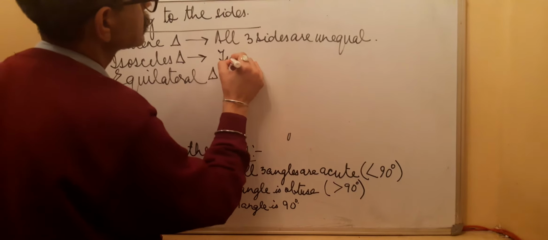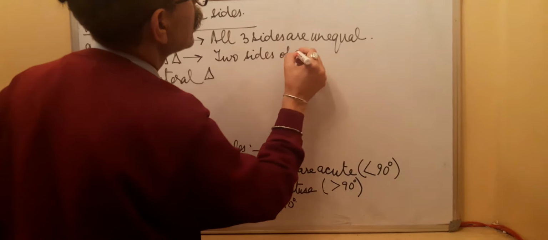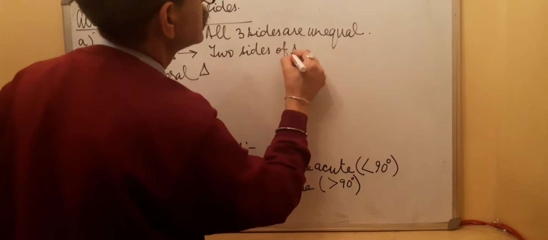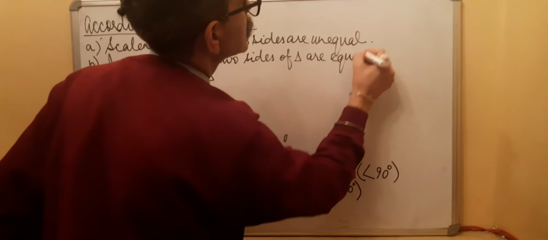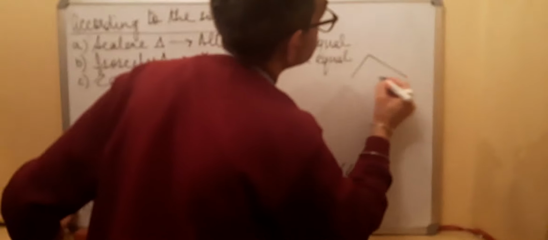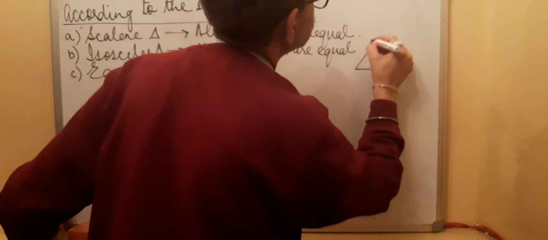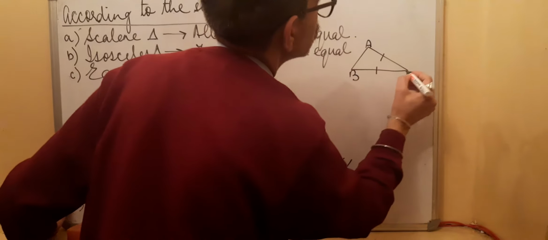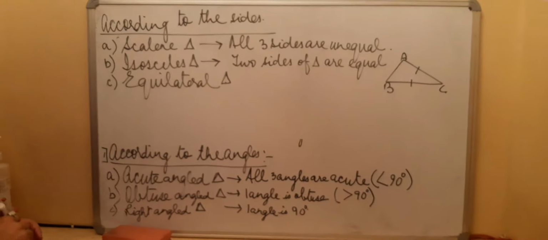Two sides of a triangle are equal. When two sides of a triangle are equal, it is known as an isosceles triangle.